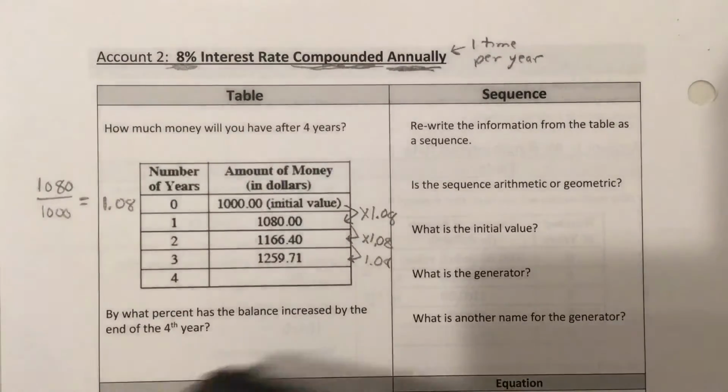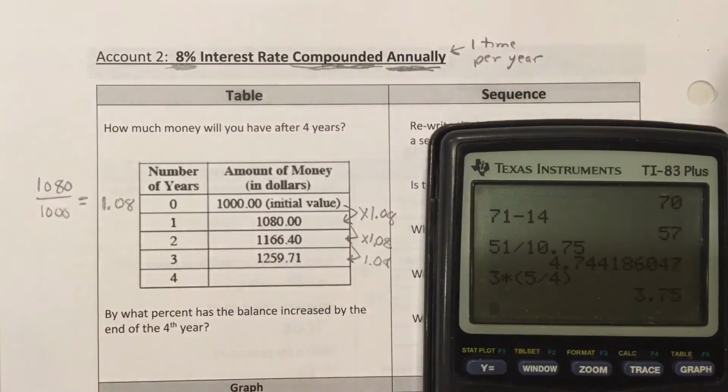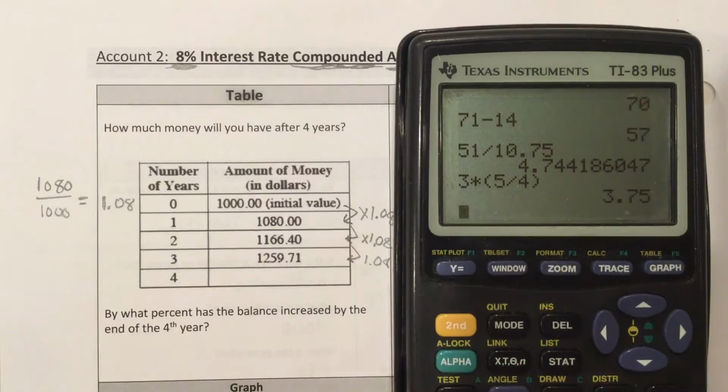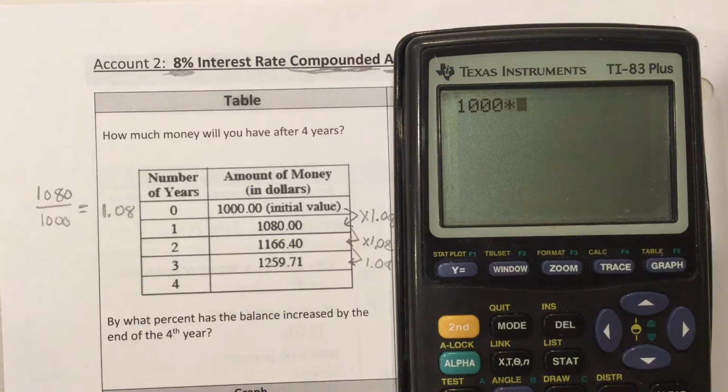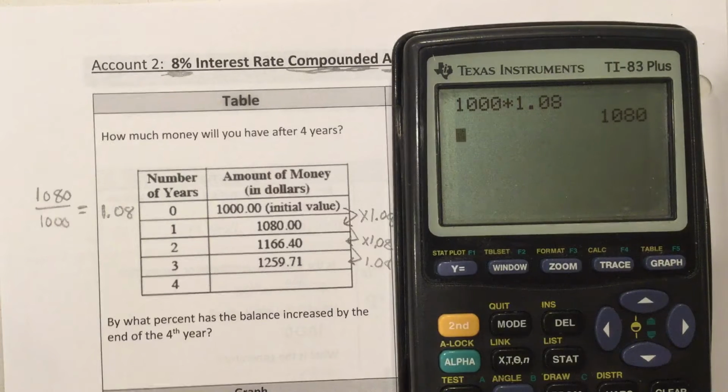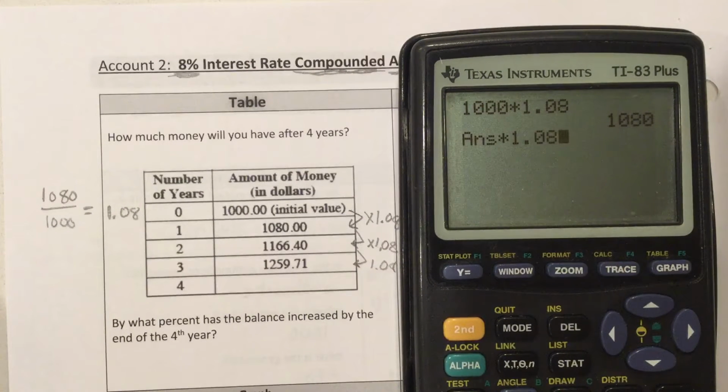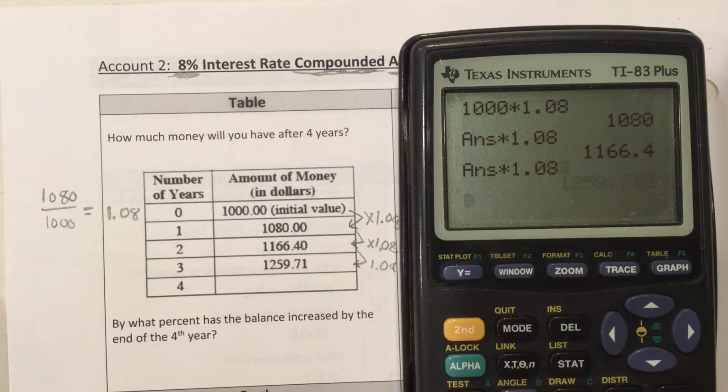And we can check that by taking our calculator, doing 1,000 times 1.08. That's the 1,080 times 1.08. There's a $1,166.40 times 1.08.